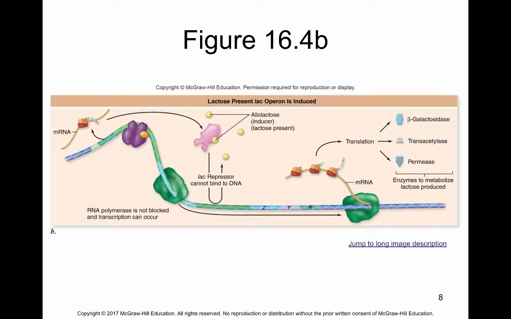But as you can see here, when lactose, or allolactose, which is our inducer molecule, is present, it binds to that repressor, turning it off, keeping it from binding, because it changes the active site. So it can no longer bind, and now RNA polymerase can transcribe the genes for the production of lactase.